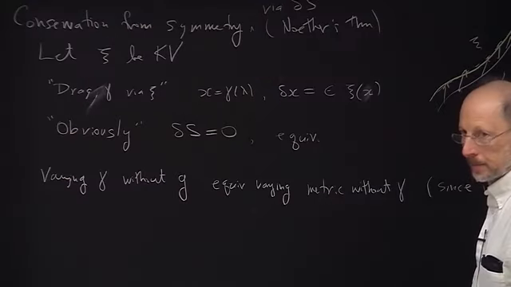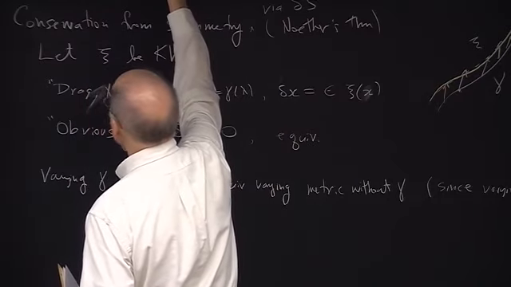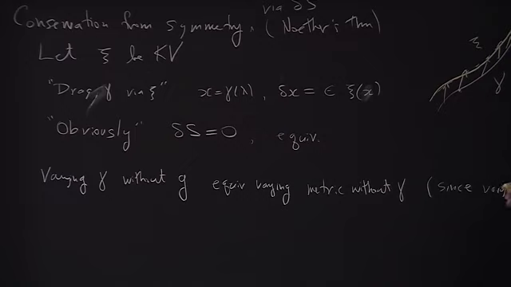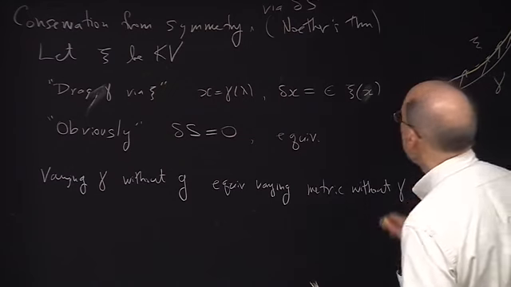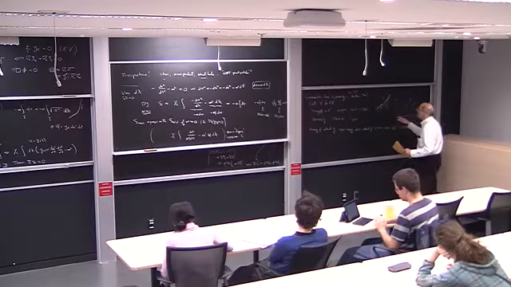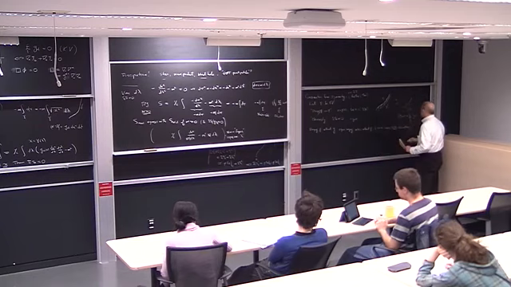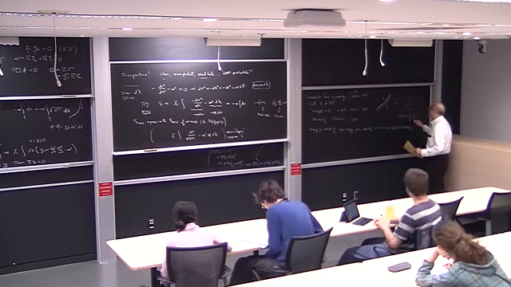Okay, so this is conceptually tricky, but it's there. It's in the background of a lot of things. It's quite a widespread relationship. So once you accept that, this variation that I've done can be done equivalently by dragging the metric and not touching the world line.